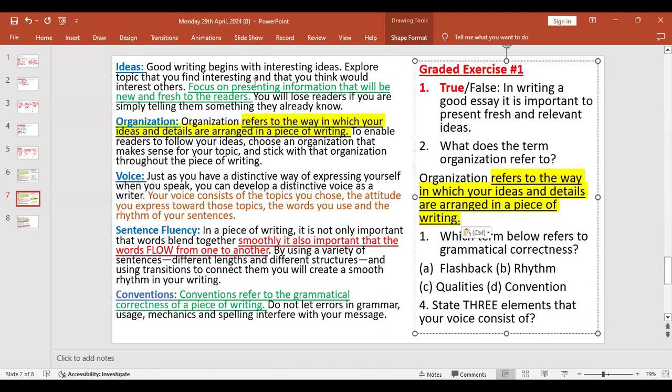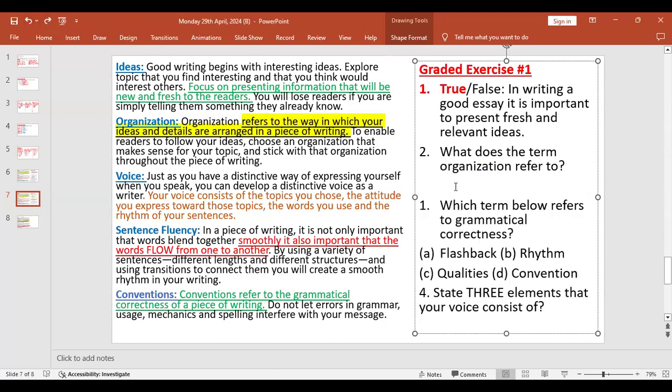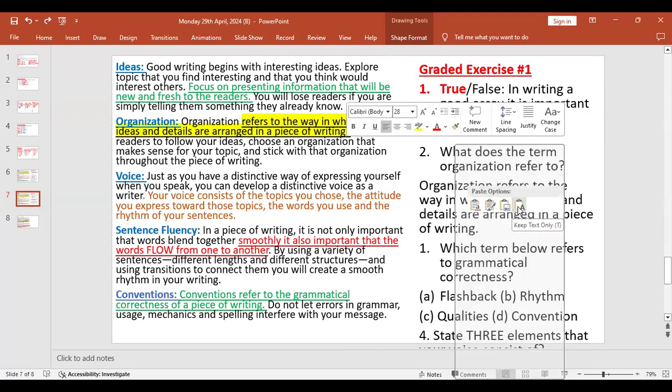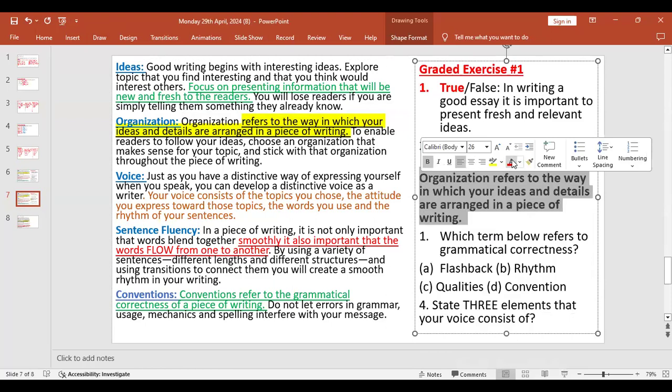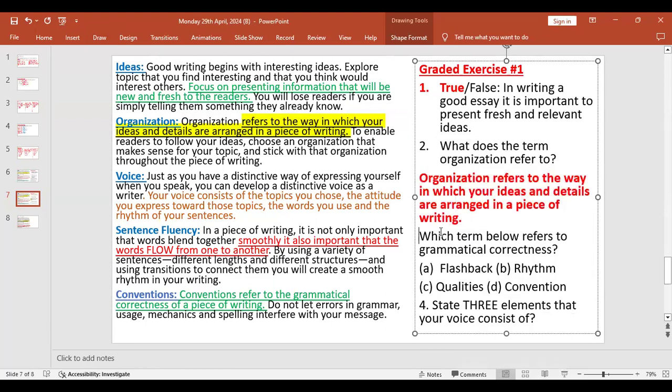Organization refers to the way in which your ideas are arranged in a piece of writing. Number 3, which term below refers to grammatical correctness? D, very good. Convention.